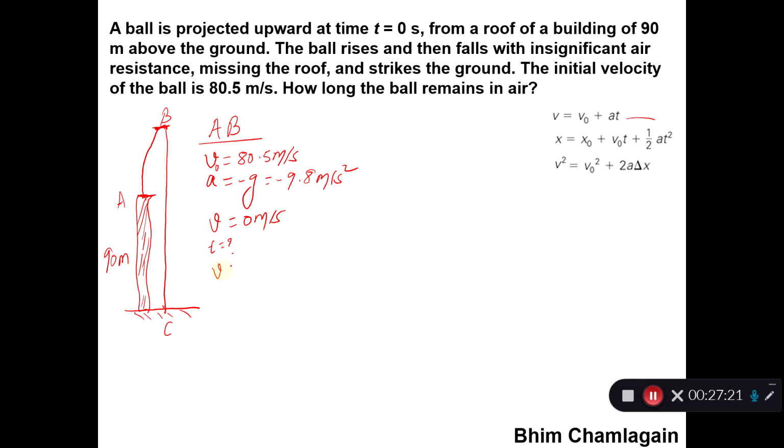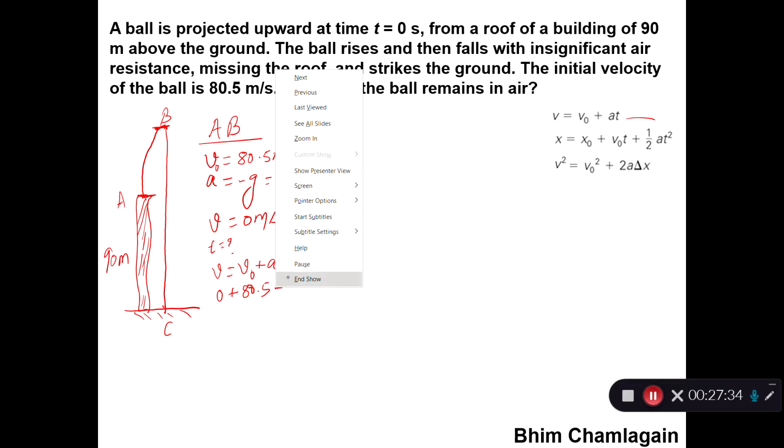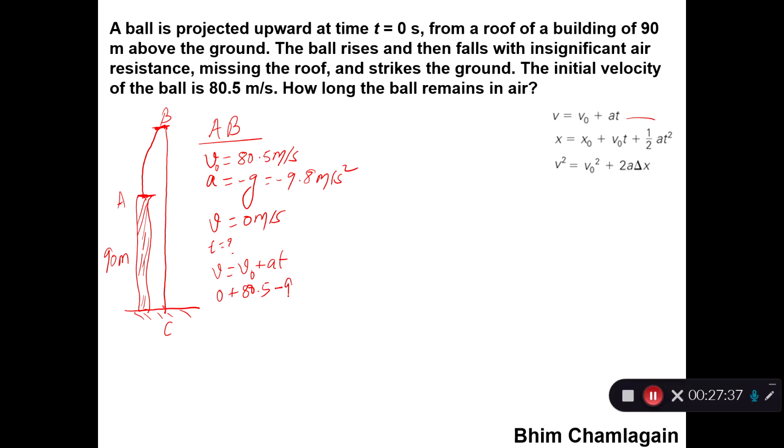V is equal to V naught plus AT, where V naught is 80.5 and A is negative g, which is negative 9.8 meters per second squared, times T. Solving it, 9.8 times T is equal to 80.5, so T is equal to 80.5 divided by 9.8.